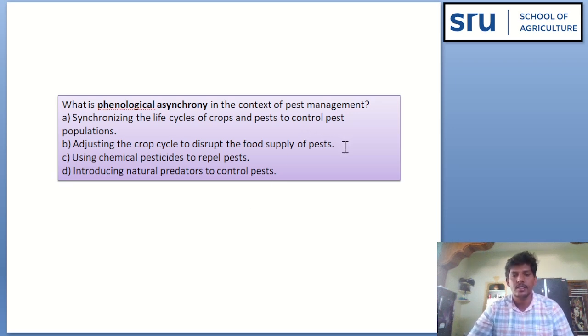Here the correct answer is adjusting the crop cycle to disrupt the food supply of the pest; that is phenological asynchrony.